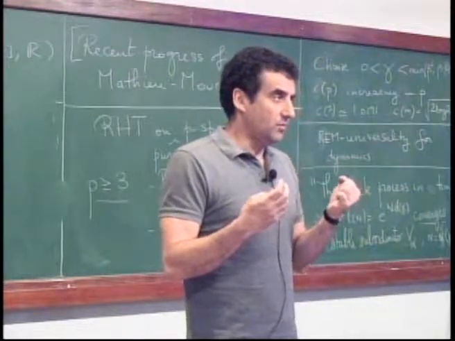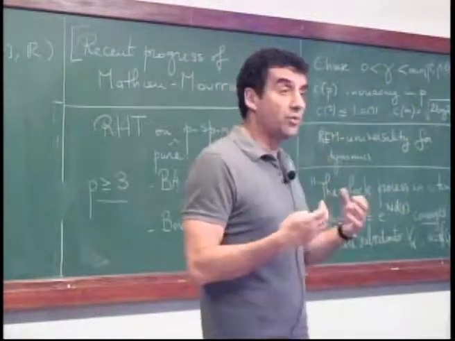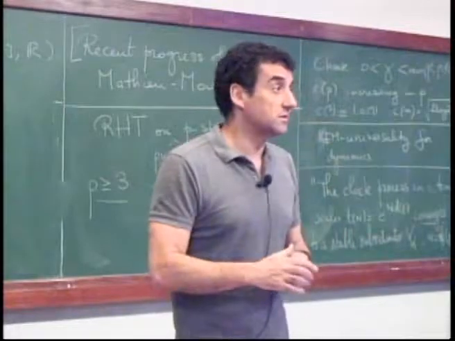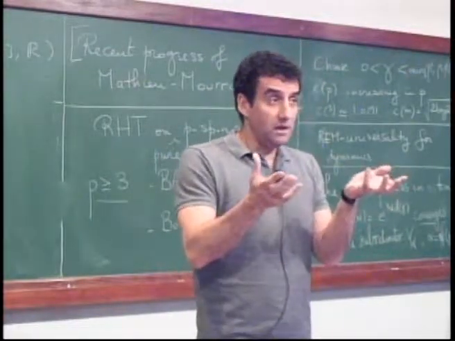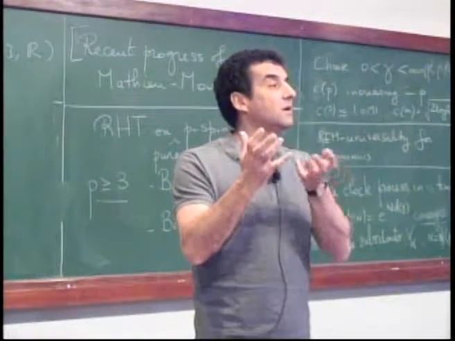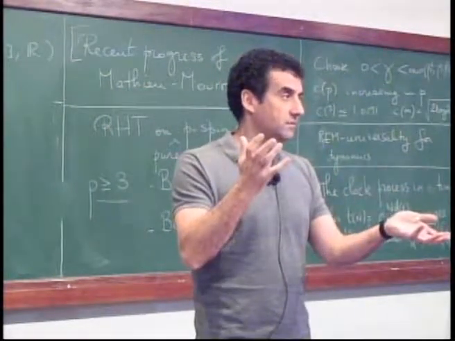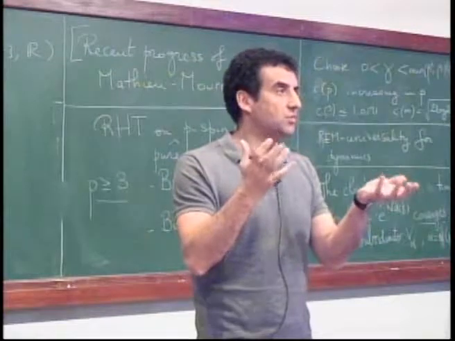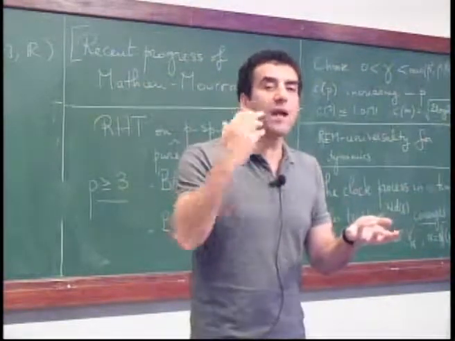What Anton Bouvier and Véronique Gérard proved is much better and much more natural. They proved that if you fix the environment, almost surely in the environment, then you have convergence. And that's a much more natural result.